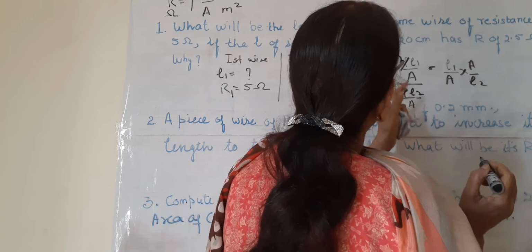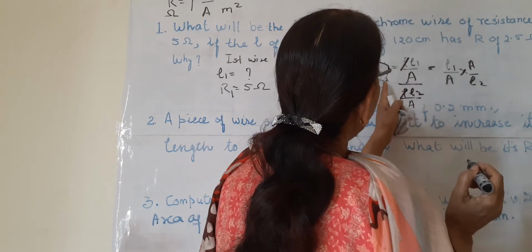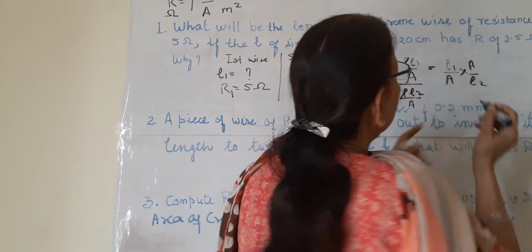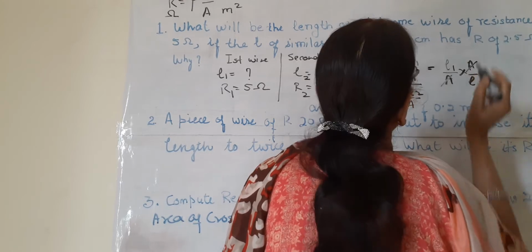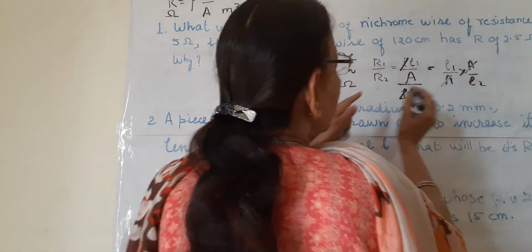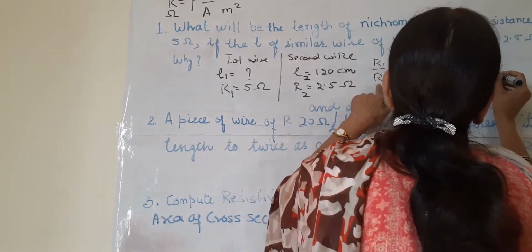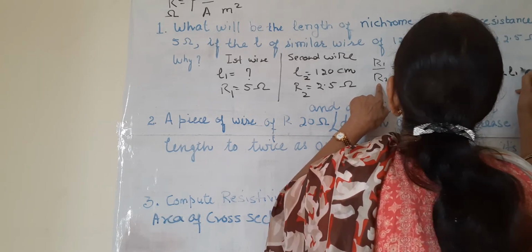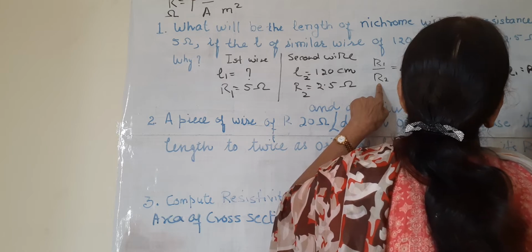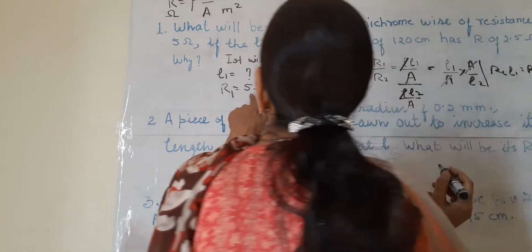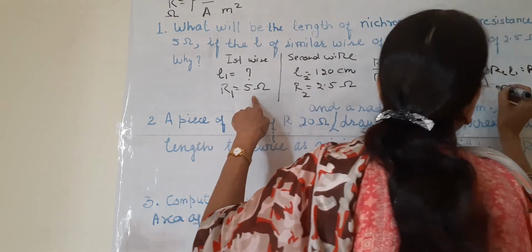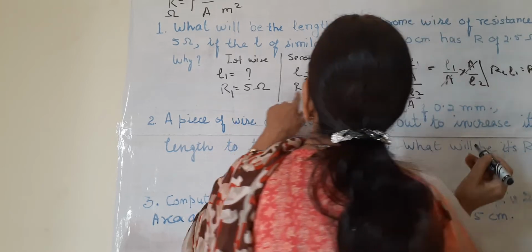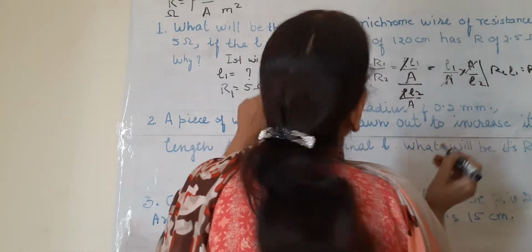So now we have this equation, R1 upon R2 is equal to L1 upon L2. Now we will calculate L1 is equal to R1 L2 upon R2. We know R1, R2 and L2, and we have to calculate L1.